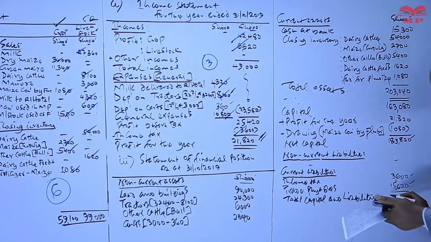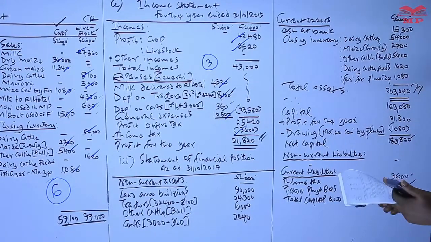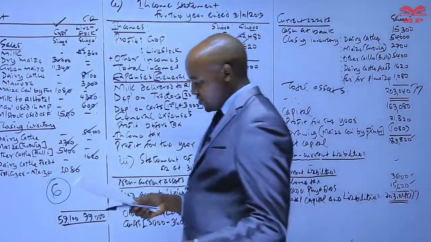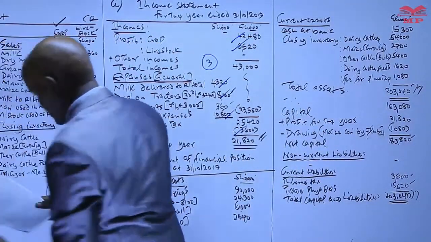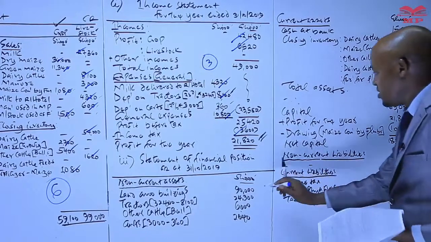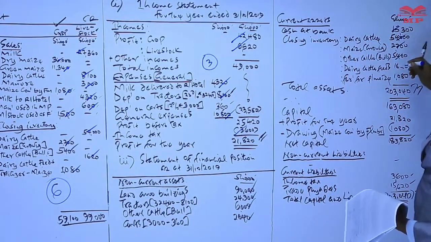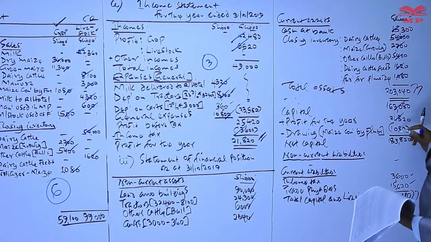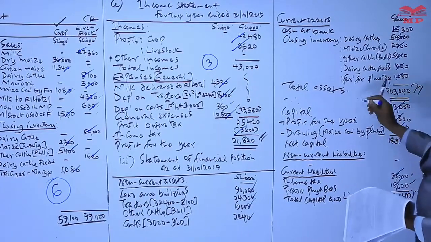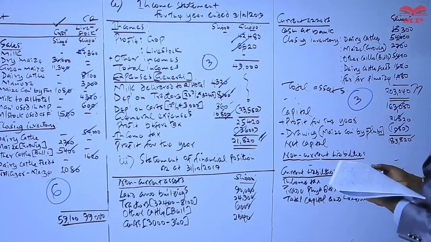And that is giving us the same figure of 203,040 is what we have there. So that is basically what was required in that particular part of that particular question. And the marks which were allocated there were 3 marks. So those are the items which were giving those 3 marks.